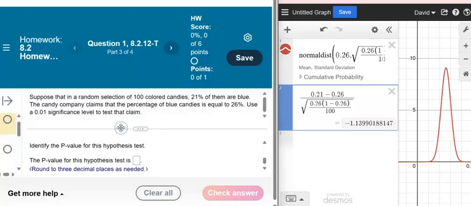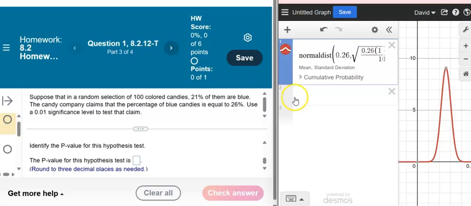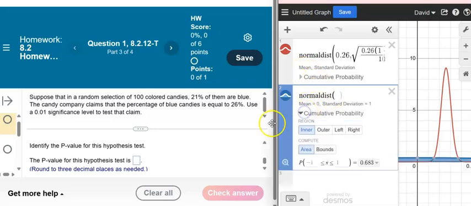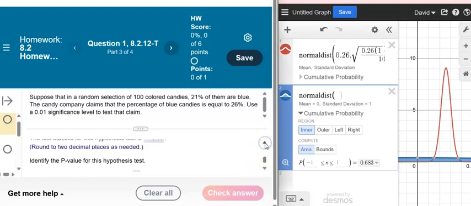All right, and then they want us to find the p-value. So there's two ways to get the p-value. Yeah, actually more than two ways, but two ways that are pretty straightforward. Number one, you could do the normal distribution again, open parentheses, and just use the standard normal distribution. So this previous value is a z-score.